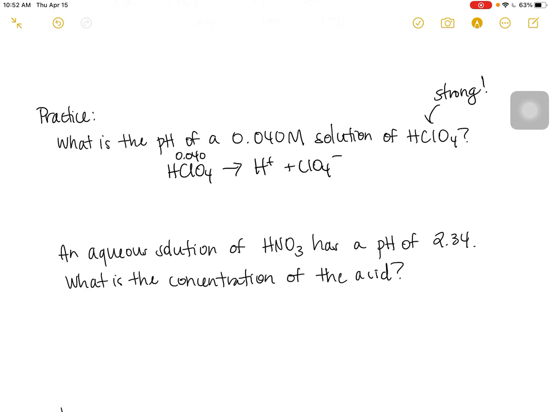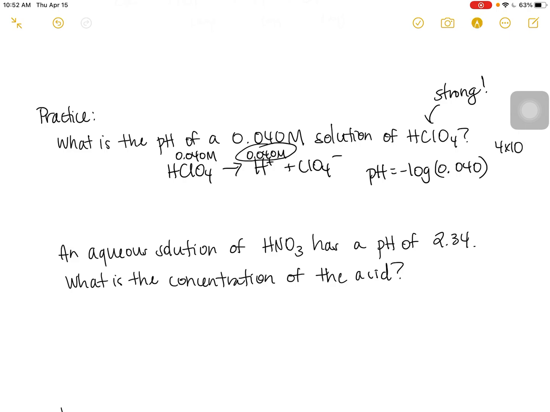And so my 0.04 molar acid gives me 0.04 molar H+, which of course now I can use to do my pH calculation by taking the negative log of 0.040.